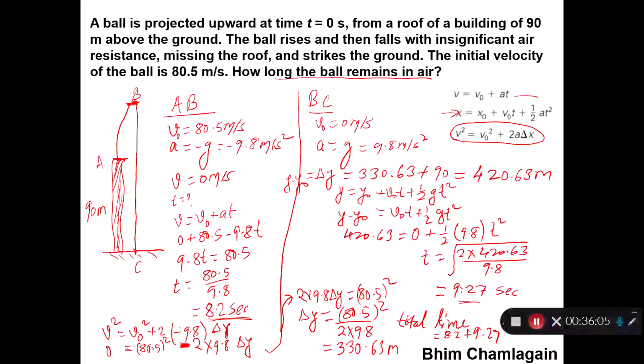If you add them together, you get 17.47 seconds to go from A to B and B to C. That means the ball remains in air for 17.47 seconds before hitting the ground.